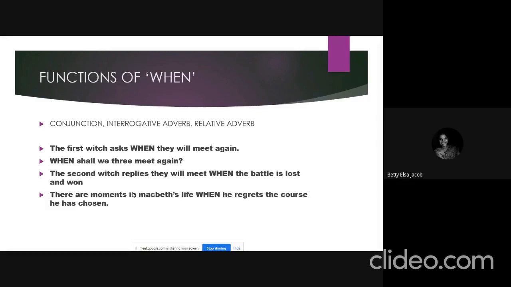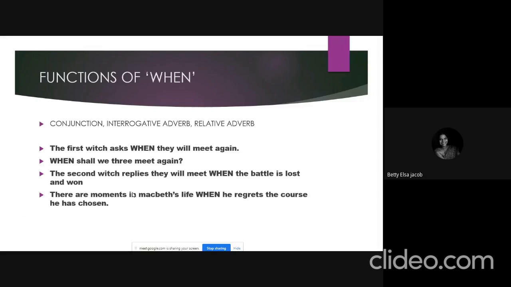We will just have a quick recap of what we learned in today's class. So we learned about the functions of what and which, which can function as interrogative pronouns or interrogative adjectives or relative pronouns or relative adjectives or as interjection and a conjunction. Now we have who, whom, and whose, which can also function as an interrogative pronoun and a relative pronoun.